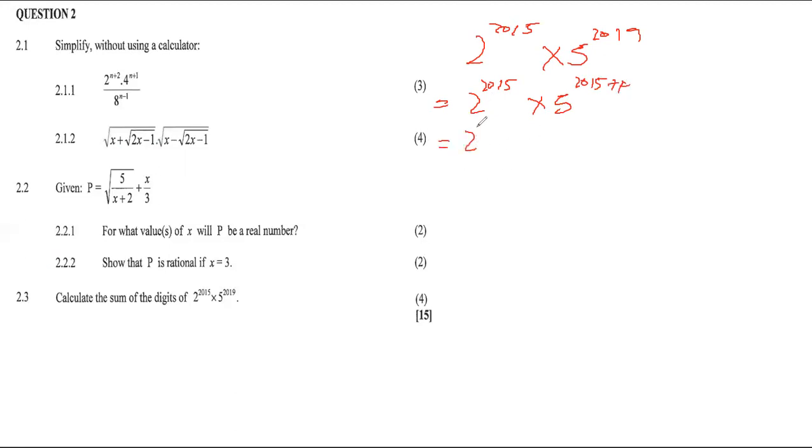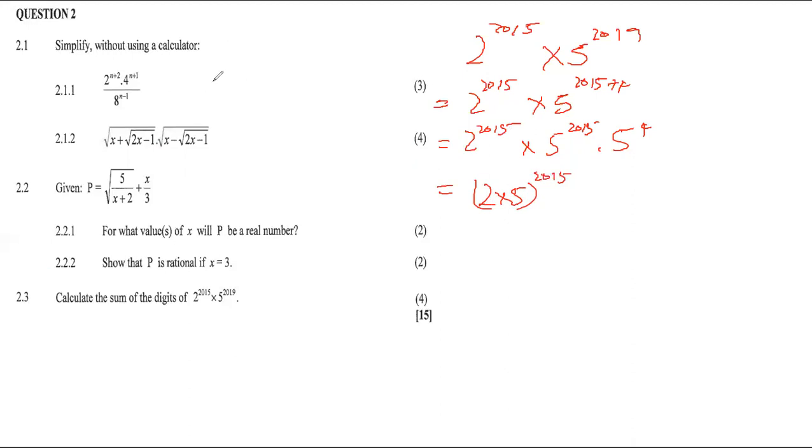Then this simplifies to that times 5 to the exponent of 2015 times 5 to the exponent of 4. Now I group this together. This is 2 times 5 to the exponent of 2015. And you are wondering, wait a minute, what did you just do?